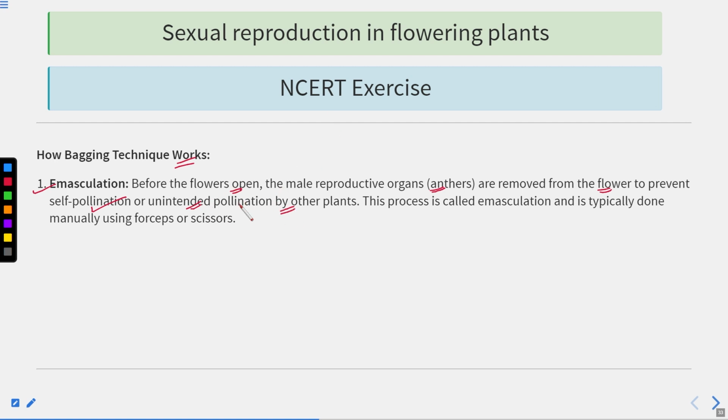These unintended pollen can be released by other nearby plants. This process is known as emasculation and is typically done manually using forceps or scissors. So the first step is emasculation.